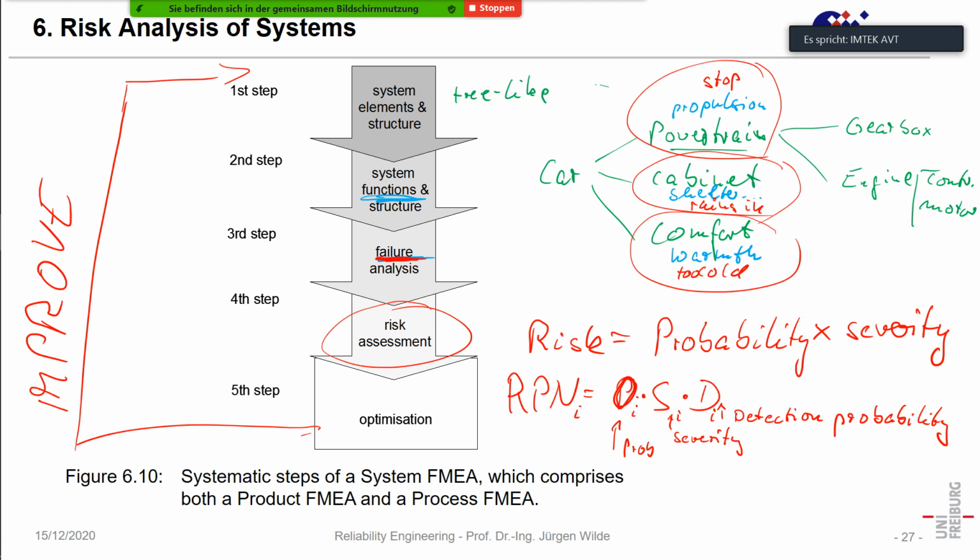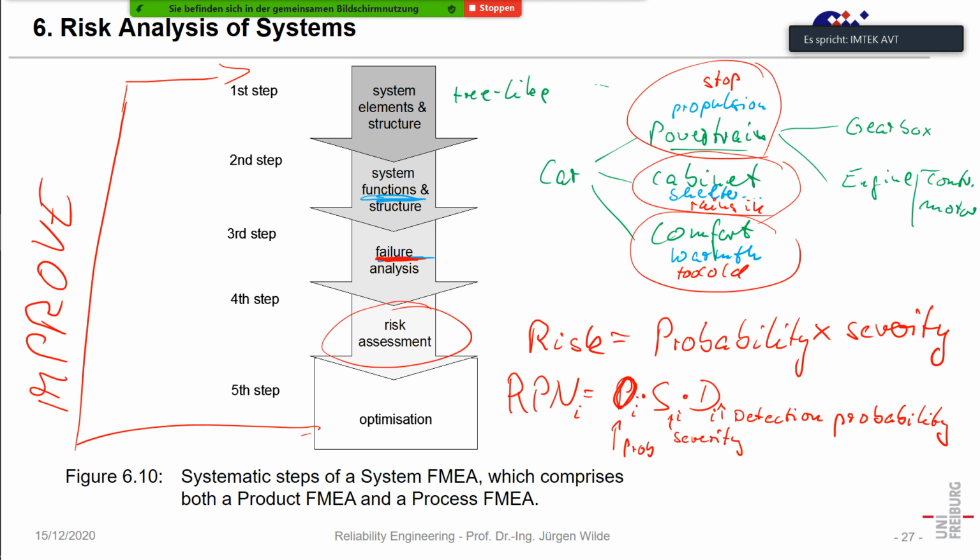So also we can say for one individual function, like driving, there can be, of course, many different failures, like car stops or car sliding or something like that. And so we can have a failure propagation. Now that's the inductive method.